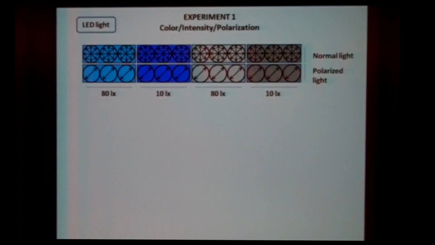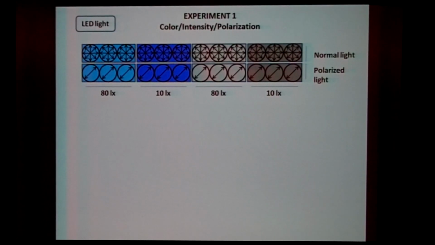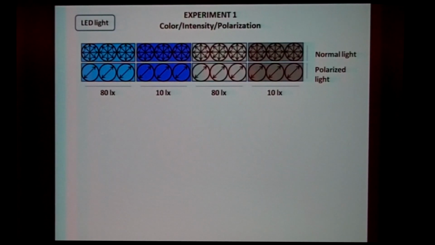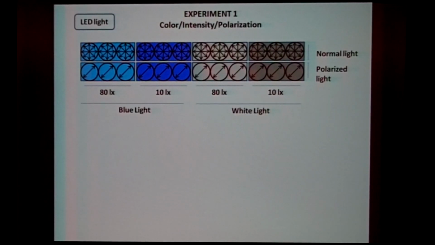Why? Because we compared with oceanographic data, and 10 lux is more similar to 100 meters in depth, but 80 lux is near the surface, 5 meters maybe, depending on the conditions. There is a height variation. And two light conditions, blue light and white light.